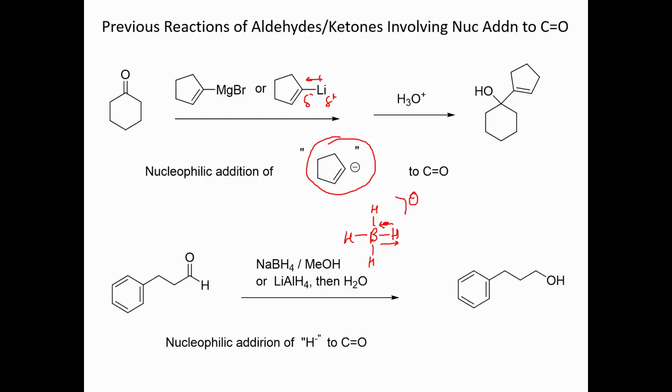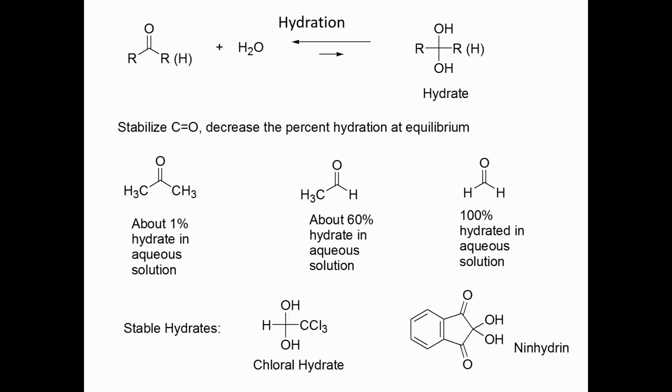Hydrogen is the more electronegative of the atoms attached here, and so there's a partial negative charge at hydrogen. So we're just looking at this as being the equivalent of adding H minus to the carbonyl group.